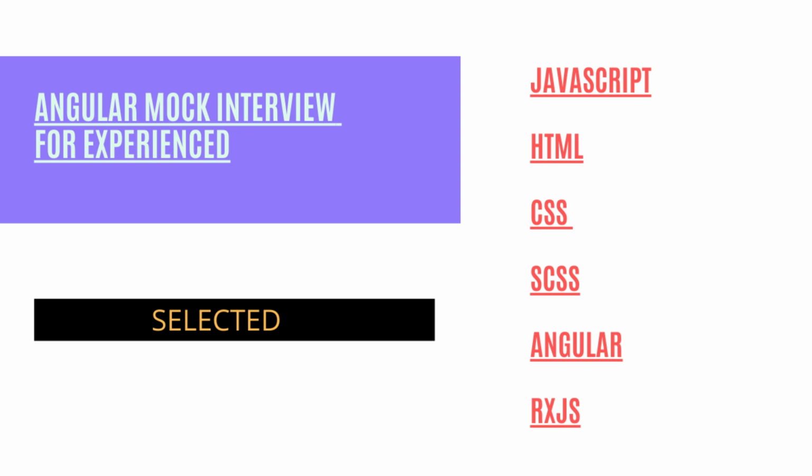If you're asking about dot then: if you have APIs, we use dot then by default. If the second service depends upon the first service value, then you can use dot then.